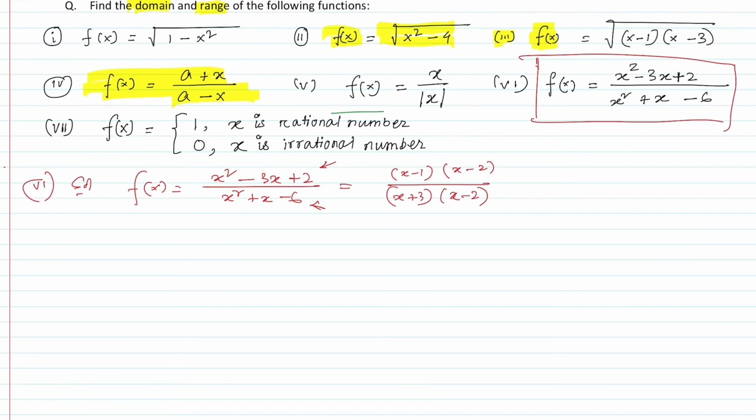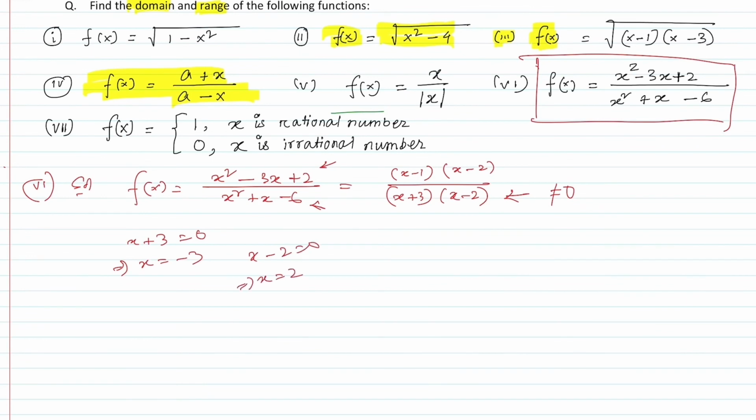I'm not going to show you how to factorize this, because in class 10 you have already learned how to factorize a quadratic polynomial. So now you see, the denominator cannot be equal to 0, otherwise it will not be defined. Here x plus 3 is equal to 0 when x is equal to minus 3, and x minus 2 is equal to 0 when x is plus 2.